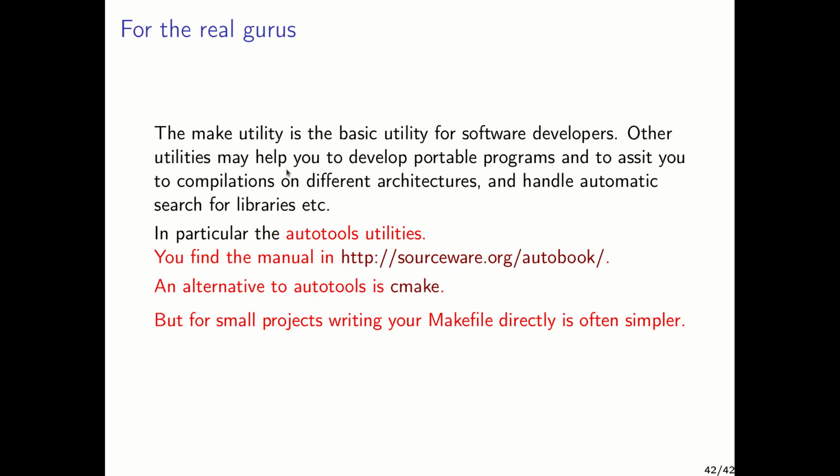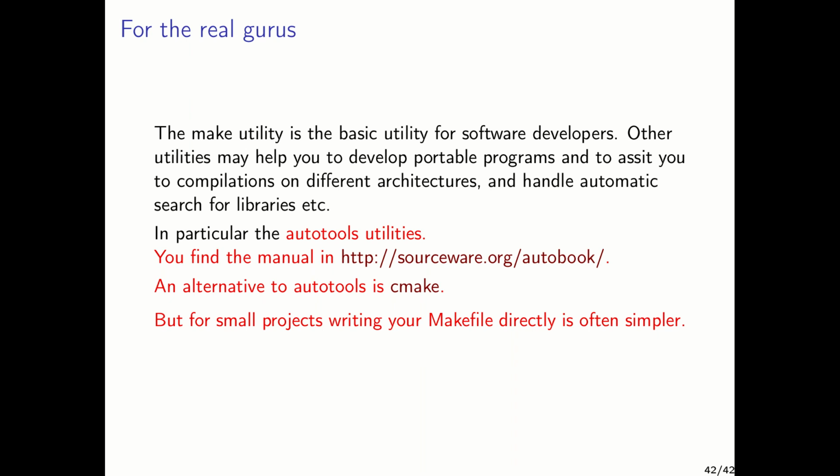So for the real gurus, you may want to go further and use the autotools or CMake. CMake is also integrated in CLion, so it may be easier to use CMake. Remember that they are more powerful, but they're not much simpler than just writing a makefile, if the objective is just to write a program that has to run on your computer.